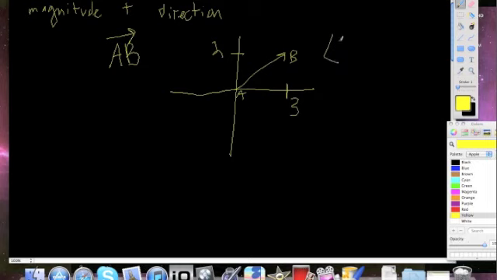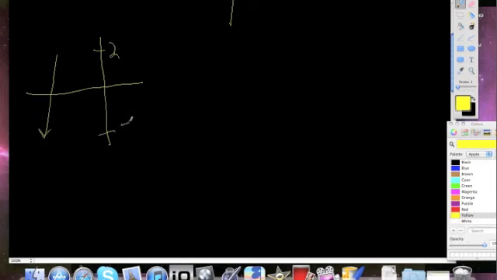Now, not all vectors will be extending from the origin, so we also have to keep in mind that, say we drew vector CD on another two-dimensional coordinate plane, as shown here, and say this vector went from 2 on the y-axis all the way down to -2, and it went from -5 to -6 on the x-axis.